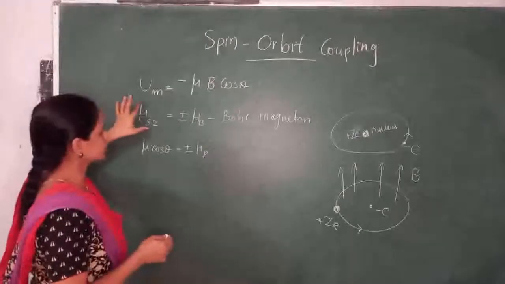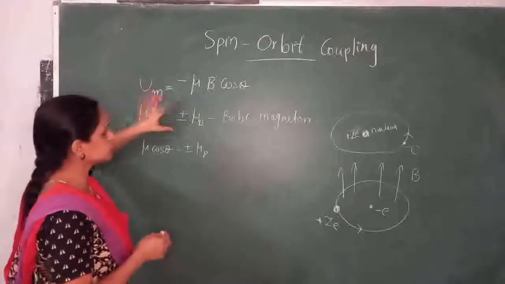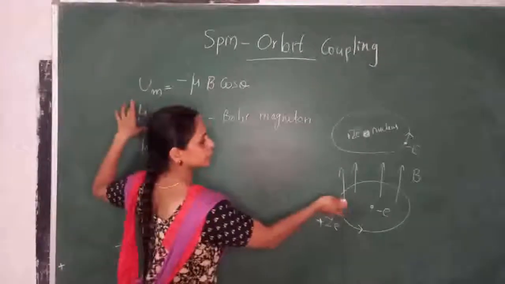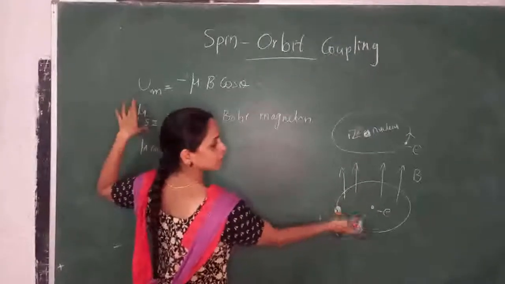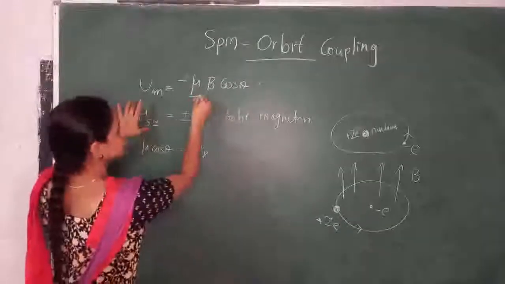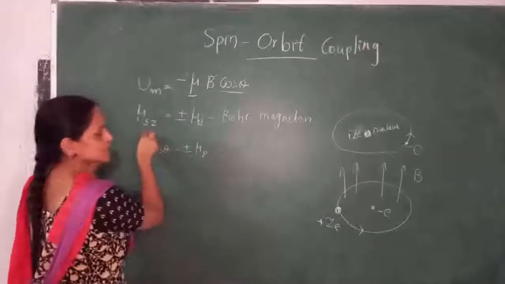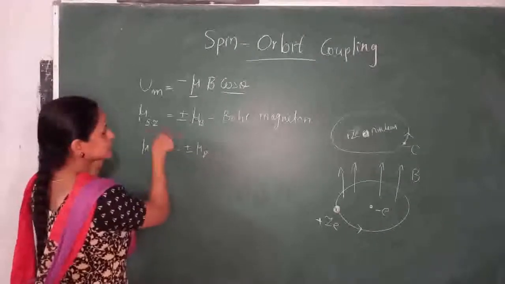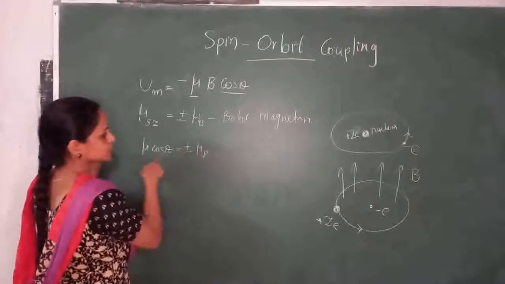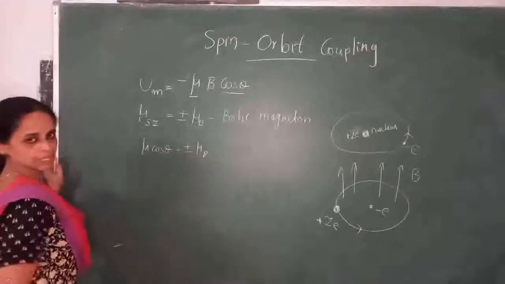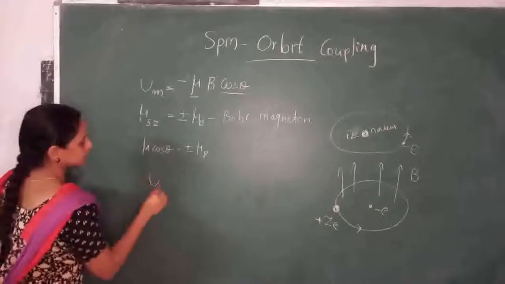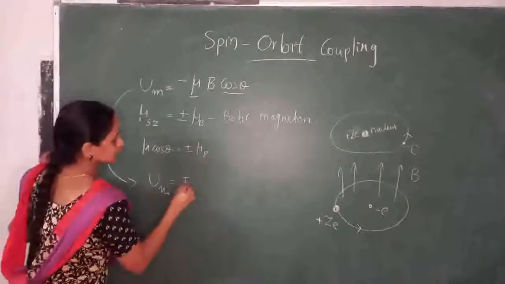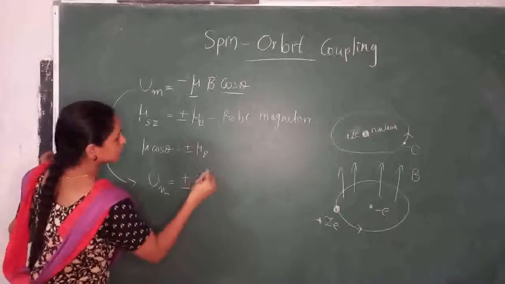So mu s z is the component of the magnetic moment along the B vector. So mu cos theta is mu s z, and mu s z is plus or minus mu B. So this equation can be written as plus or minus mu B.